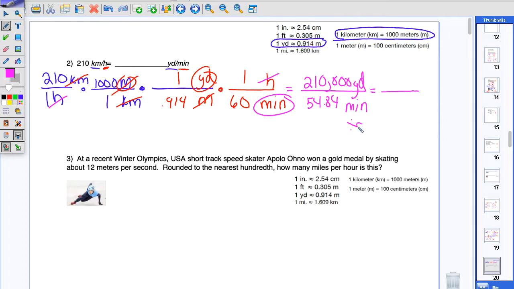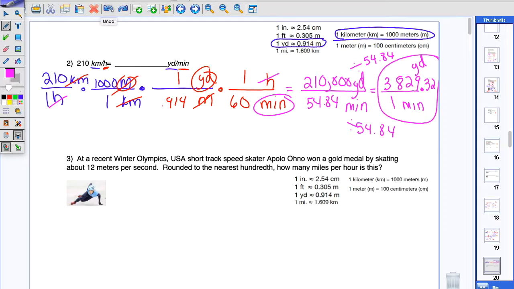Divide by our denominator, 54.84, to get our unit rate. So we end up getting 3,829.321, and when we round that to the nearest hundredth, you can just cross off that 1, and that gives us yards over 1 minute.